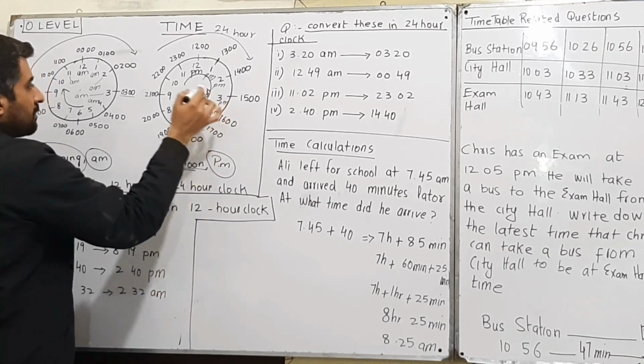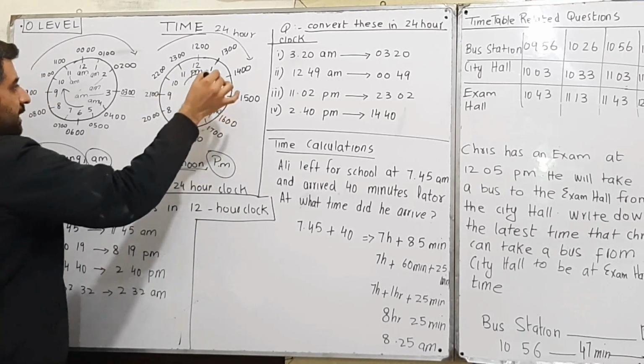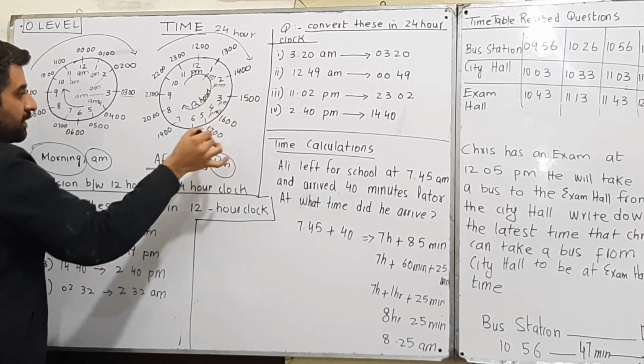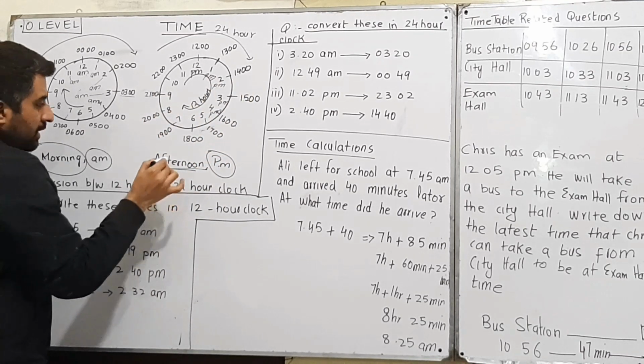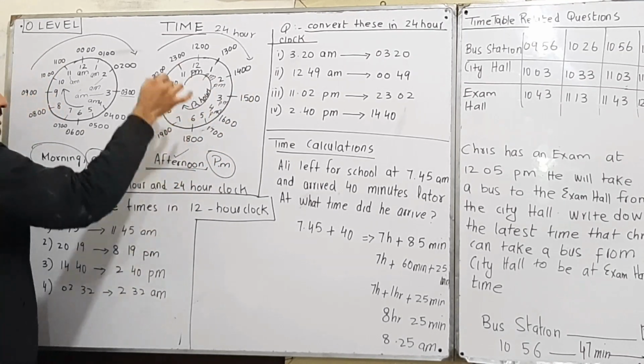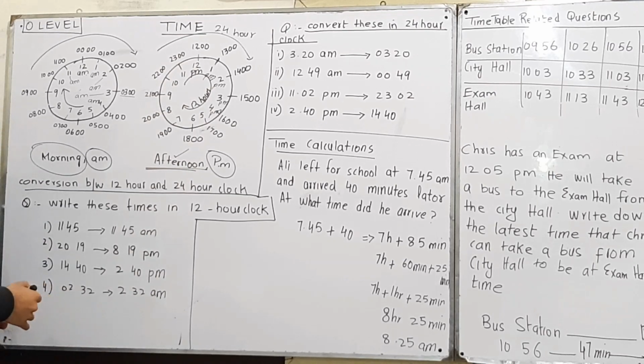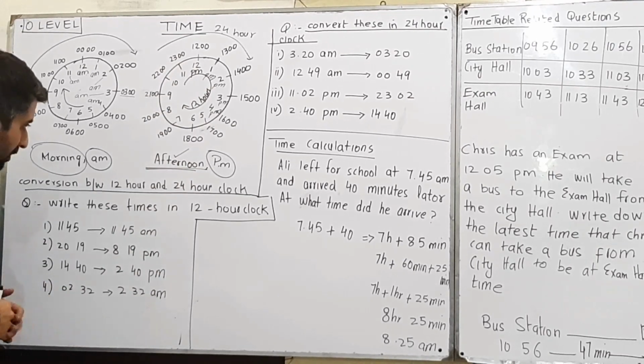So we have PM in 12 hour and 13, 14, 15, 16 in 24 hours, and these timings are related to afternoon. So this is the system for 12-hour and 24-hour clock.